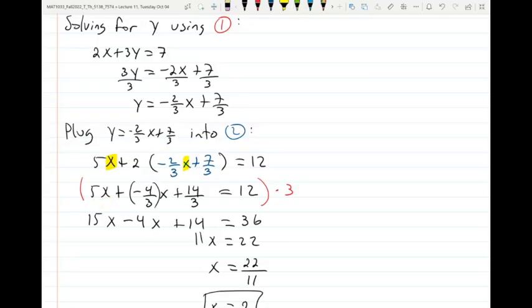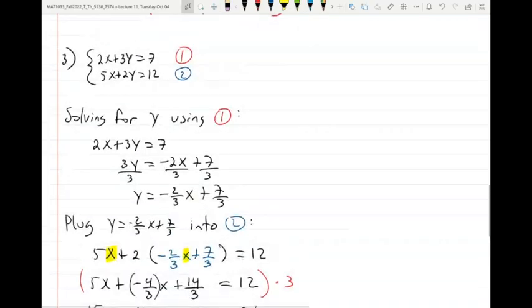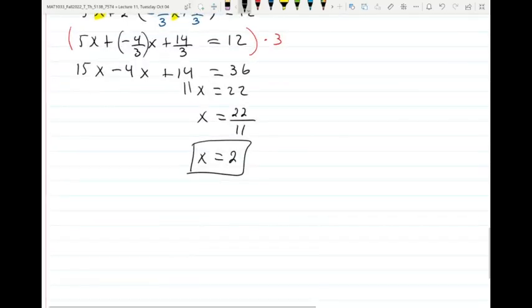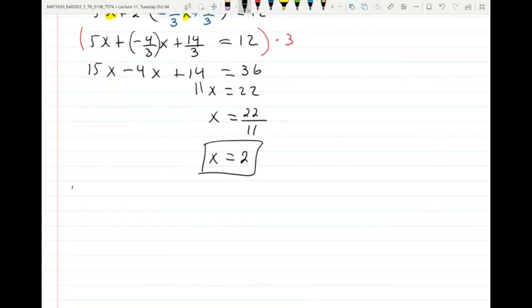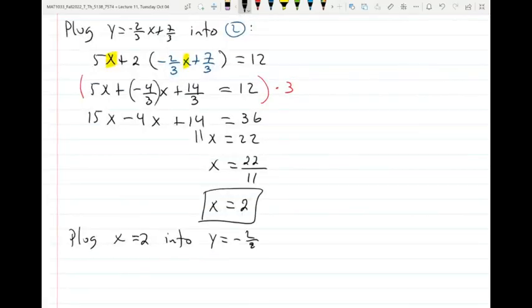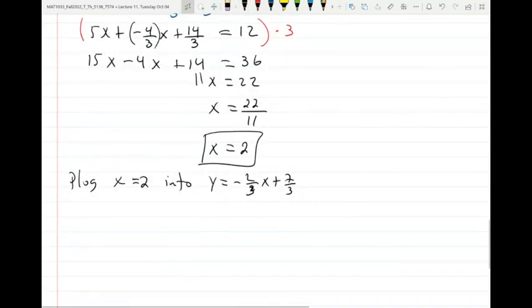Okay. So again, if you are comfortable adding the fractions, plug in here. If you don't want the fractions, plug in the top. Okay? Up to you. So I'm just gonna plug in what we have. So now what I'm gonna do is plug x equals 2 into y equals -2 over 3x plus 7 over 3.